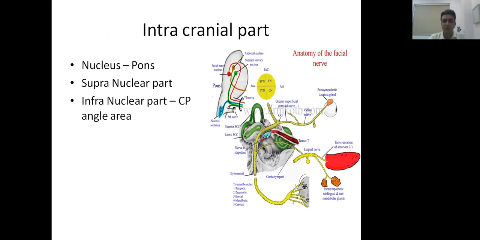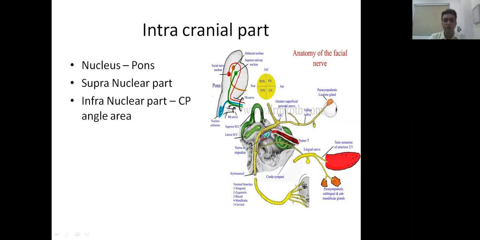The nucleus itself is seen as a red nucleus here in this picture. The infranuclear part is when the nerve leaves the nucleus and then leaves the pons. So this much is the intracranial part, which has the supranuclear part, nucleus, and infranuclear part. It has all the three components.